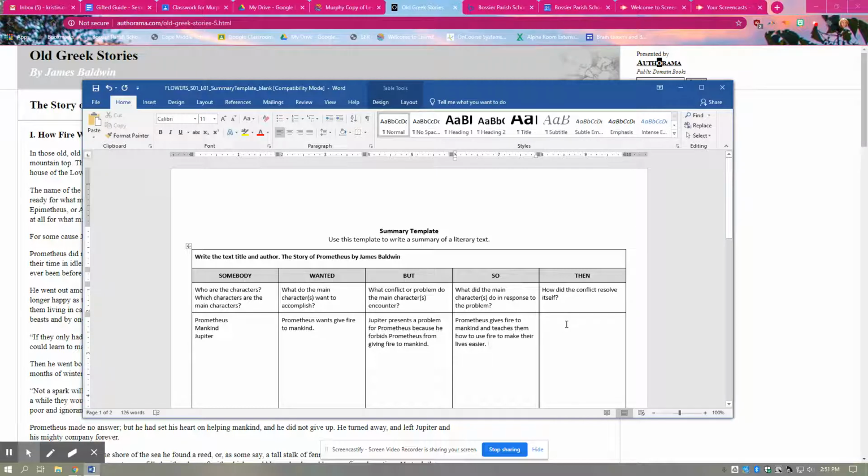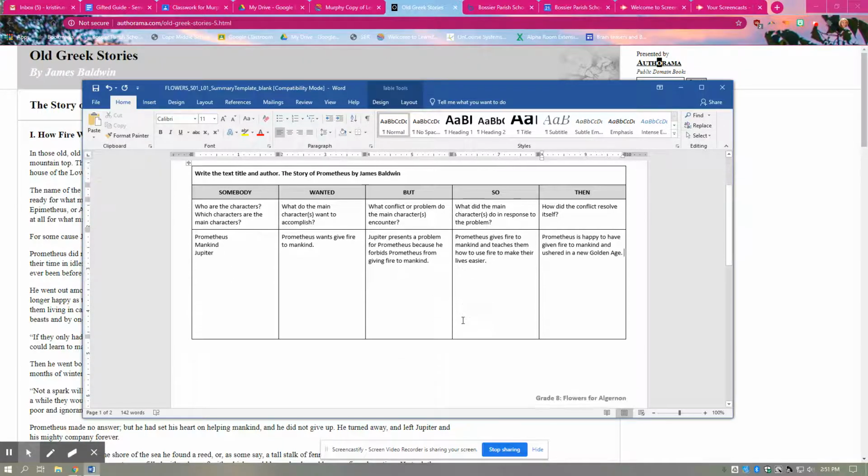Well, we don't really know how the story ends yet, but at this point in the story, Prometheus is happy to have given fire to mankind and ushered in a new golden age. Remember, he talks about that golden age at the end of our section.